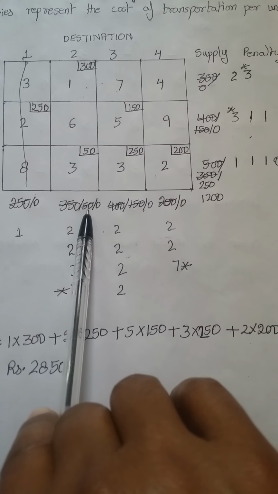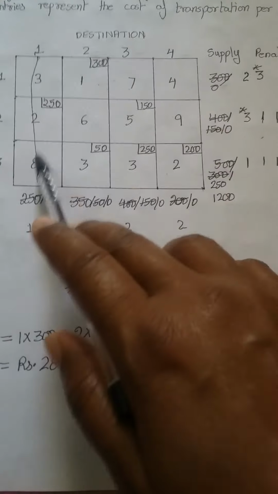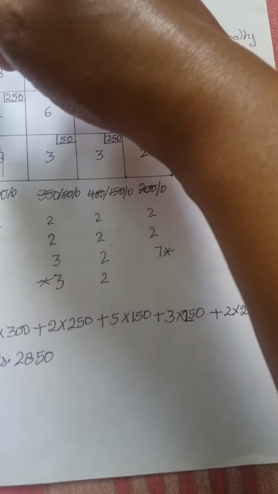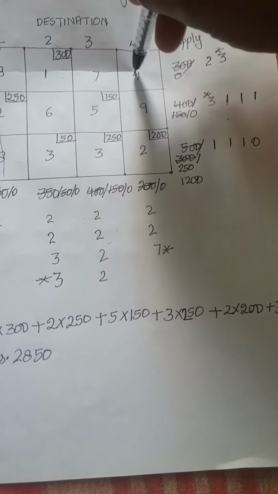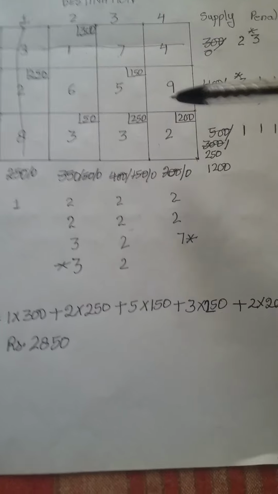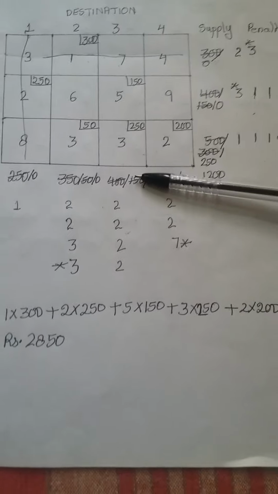So you get 0, and here you still have 50 units remaining in the demand. Since the supply has been consumed, you will delete this row also. Now the remaining matrix is only these 3 columns and these 2 rows.